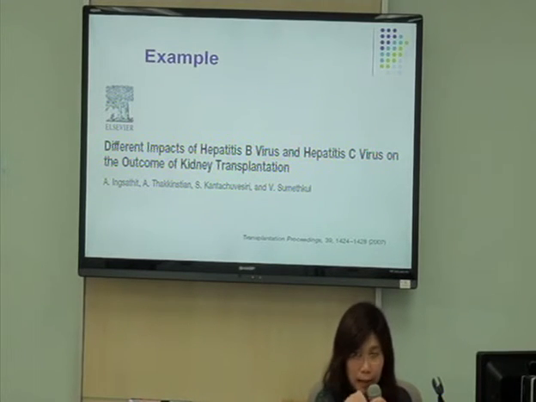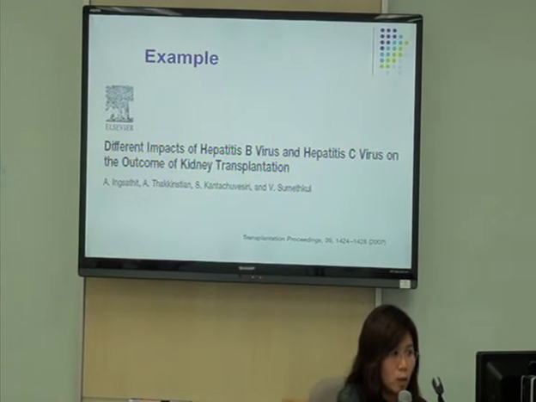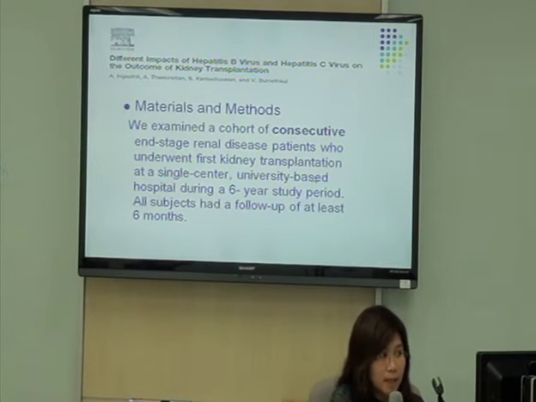I will show you an example, and actually I want to go through subject number 3, so I have to go very quickly. The paper is about the different impact of hepatitis B virus and hepatitis C on the outcome of kidney transplantation.